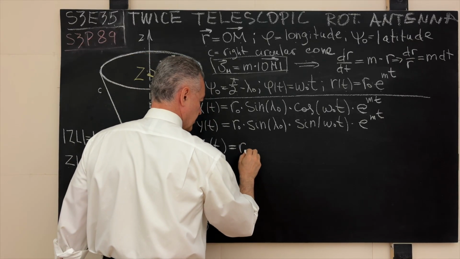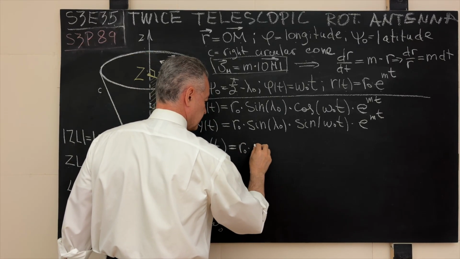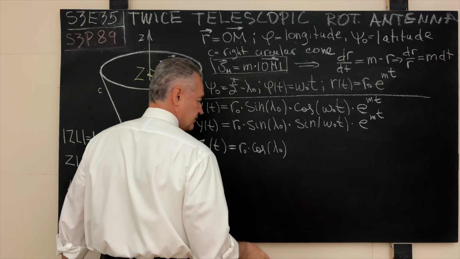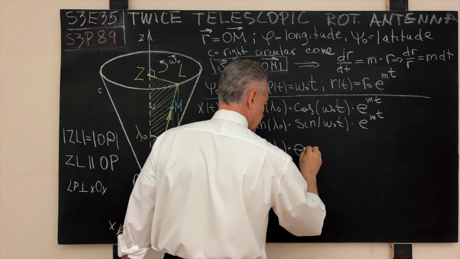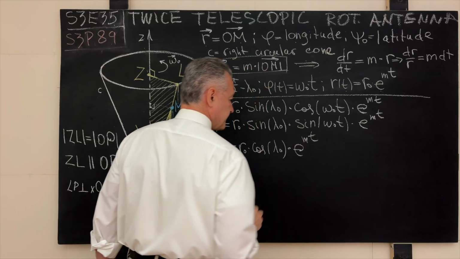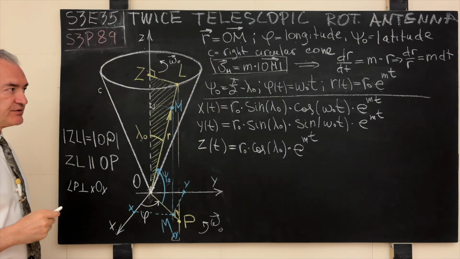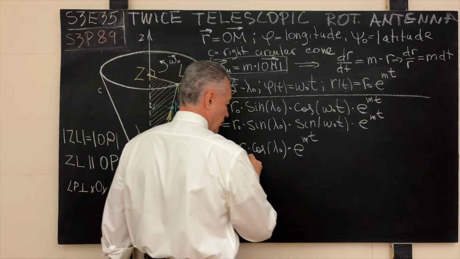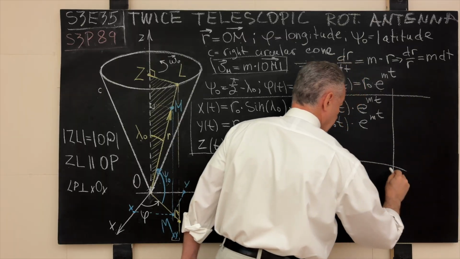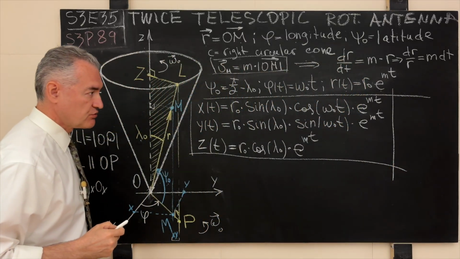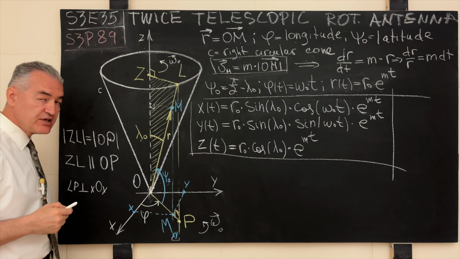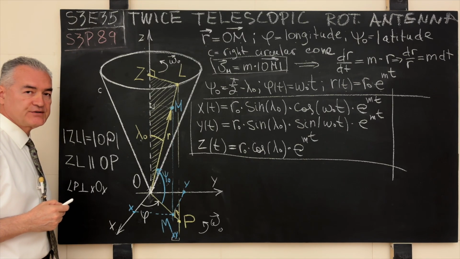So here the expression will be the following: R0 times the cosine of lambda 0 times e raised to the power mt. And these three equations represent the law of motion of our point M over the outer surface of a right circular cone in the embedded traditional Cartesian x, y, z coordinate system.